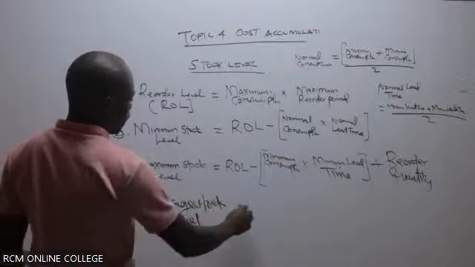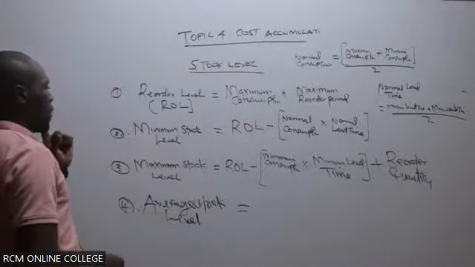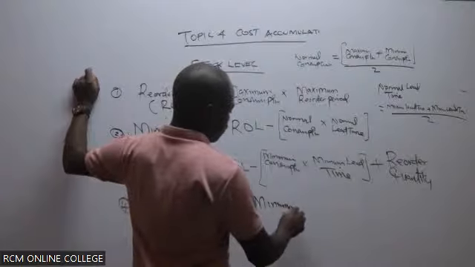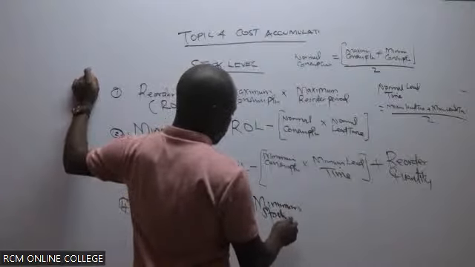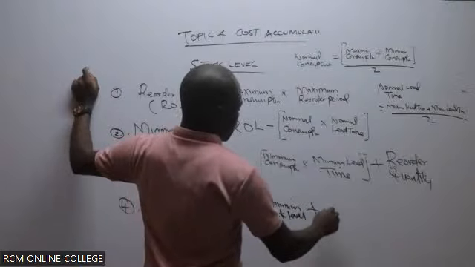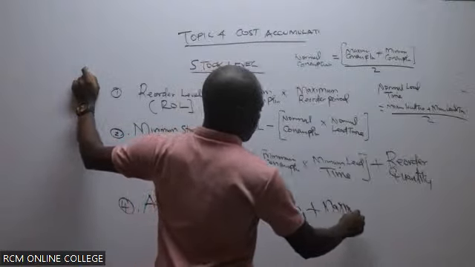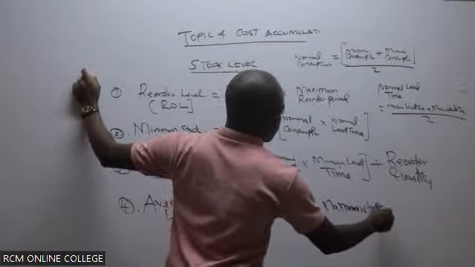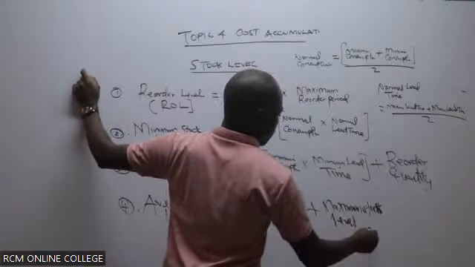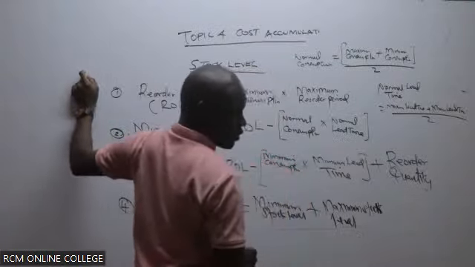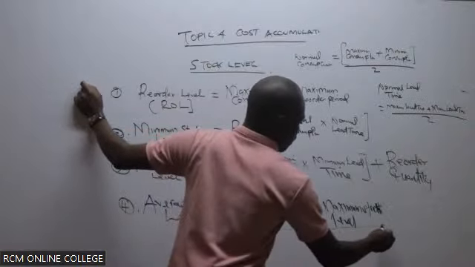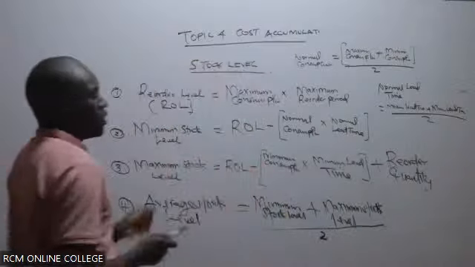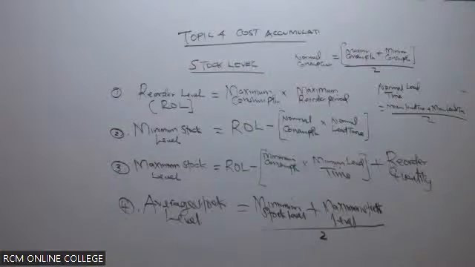Average stock level will be minimum stock level plus maximum stock level, then everything there you divide by 2.